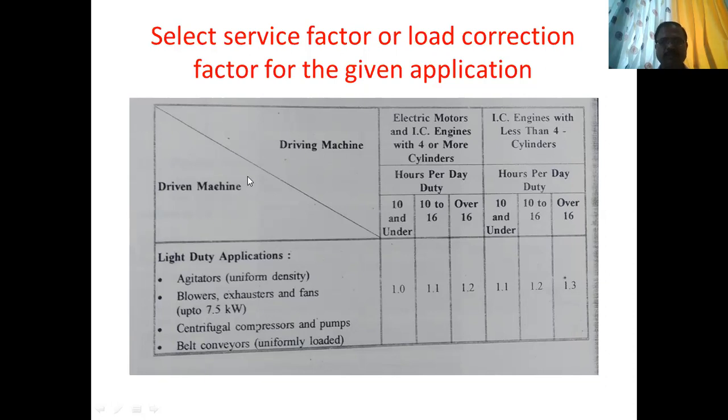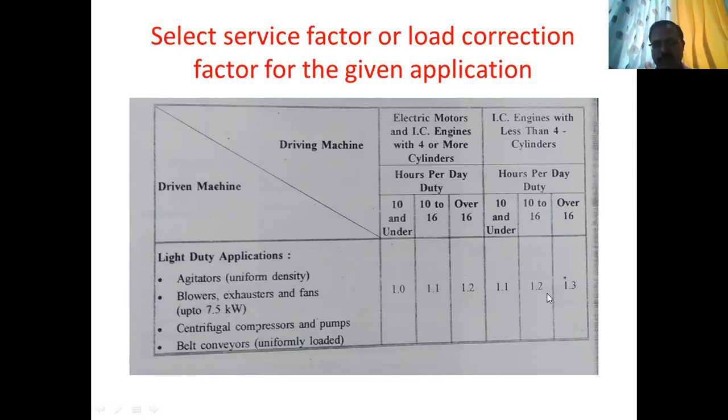The next parameter is the driven machine, that is where we have to transmit the power. And then we must also know how many hours per day the drive will be subjected to. Then depending on all these parameters, we can select the value of the service factor or load correction factor from this table.